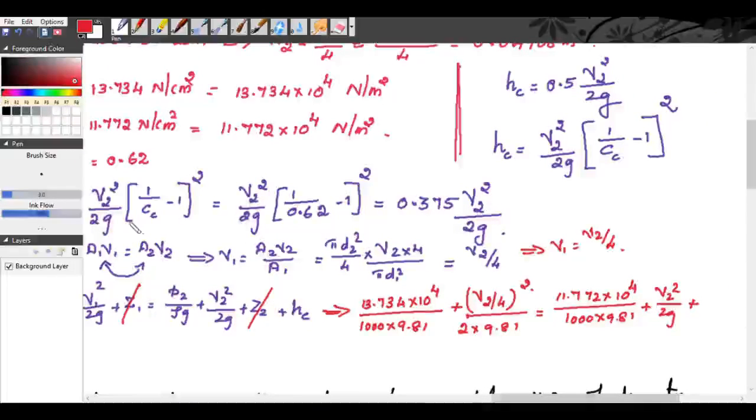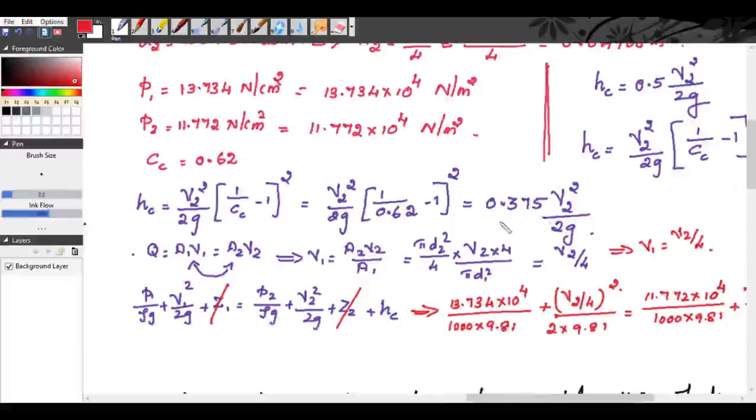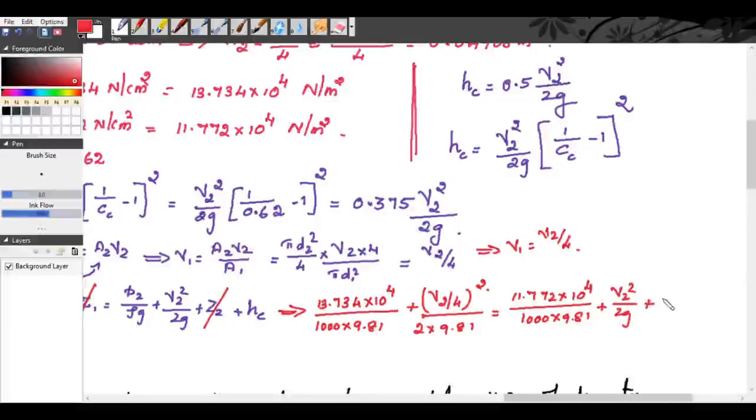HC we have calculated as 0.375 V2 square by 2 into 9.81.